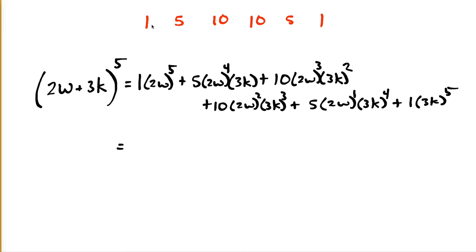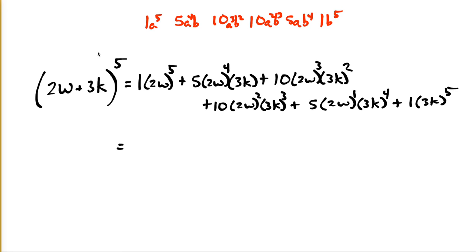So on all the other ones, we were just using an A and a B. So this would be 1A to the 5th, 5 A4 B1, 10 A3 B2, 10 A2 B3, 5 A1 B4, and then 1 B5.